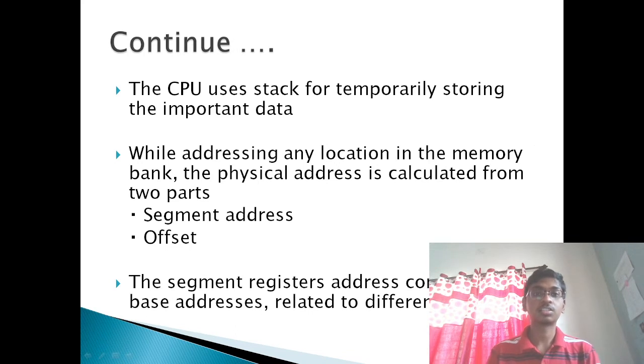The CPU uses the stack for temporarily storing important data. While addressing any location in the memory bank, the physical address is calculated from two parts: one is the segment address, another is the offset. The segment register contains a 16-bit base address related to different segments.